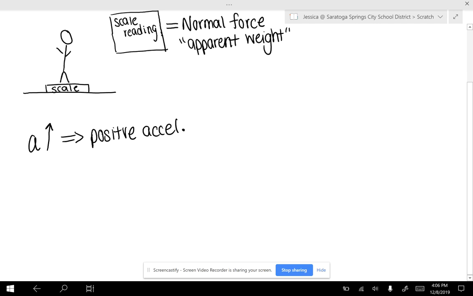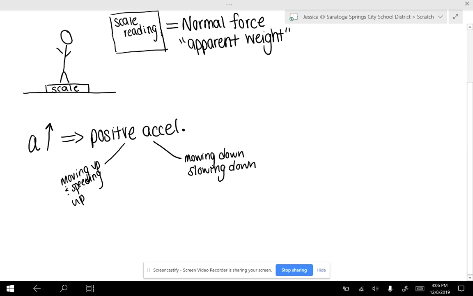Okay. So this could happen in one of two ways. We could either be moving up and speeding up, or the other less common way is moving down but slowing down.